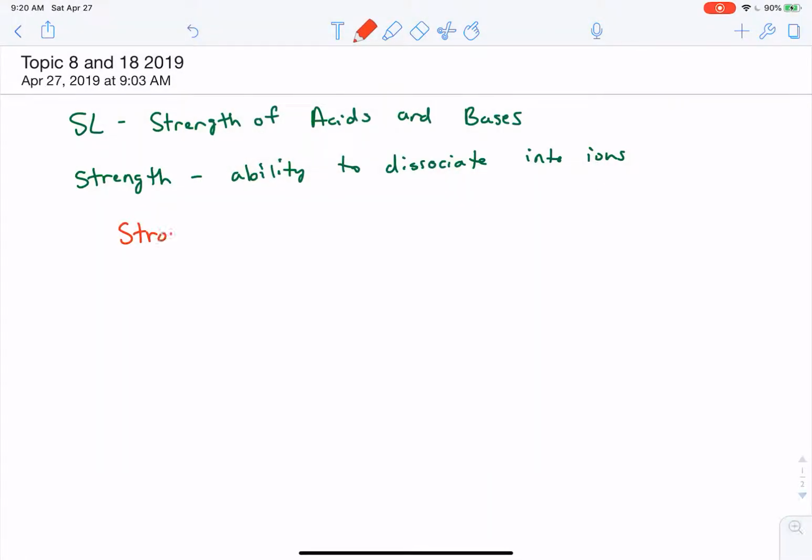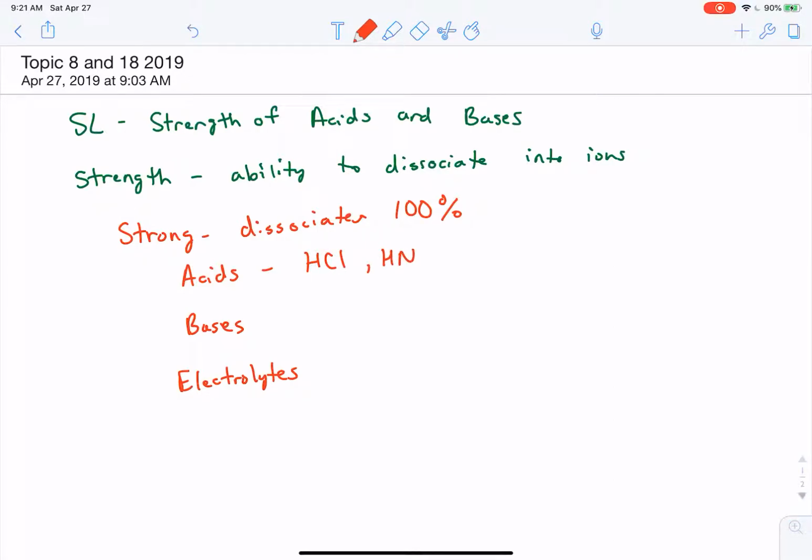There is strong, which dissociates 100%. So therefore, all of the concentration that you have will become ions. And so terms that you have under here are strong acids, bases, and just generally electrolytes. There are 3 acids the IB has you memorize: HCl, HNO3, and H2SO4.